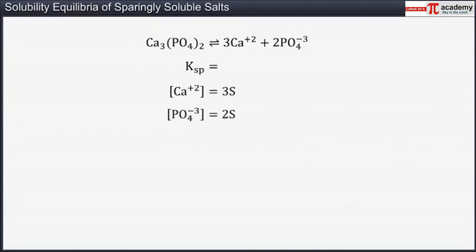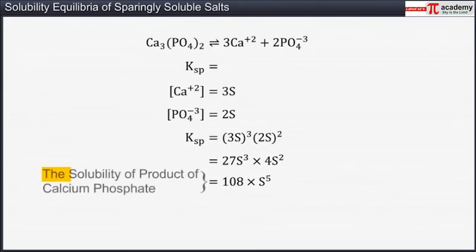Substituting the concentration of calcium and phosphate ions in the Ksp equation for calcium phosphate, we get the solubility product Ksp is equal to the product of 3S raised to the power of 3 and 2S raised to the power of 2. This is equal to 27S cube multiplied by 4S square. The product of this is equal to 108 multiplied by S raised to the power of 5.